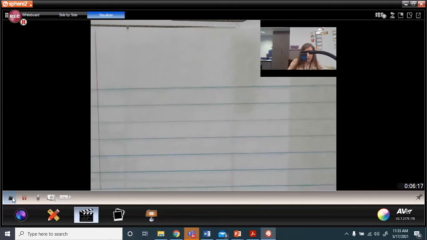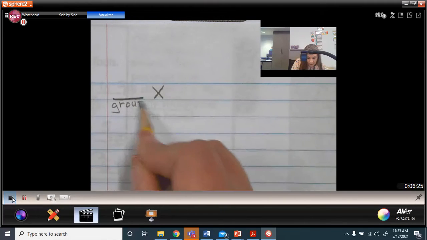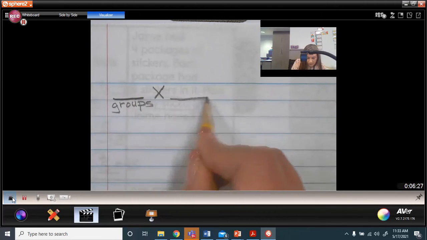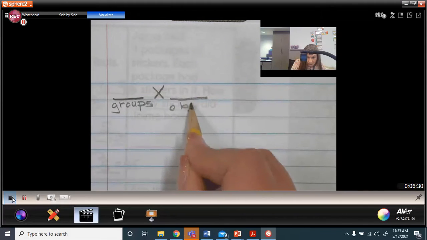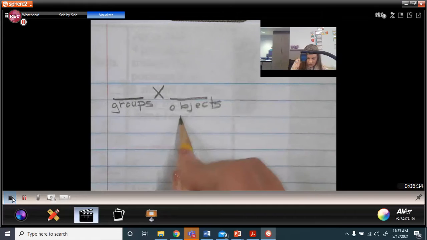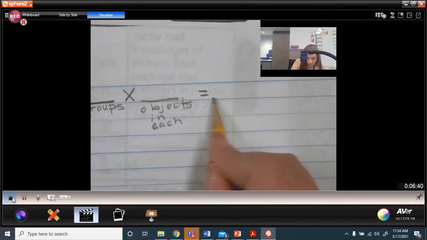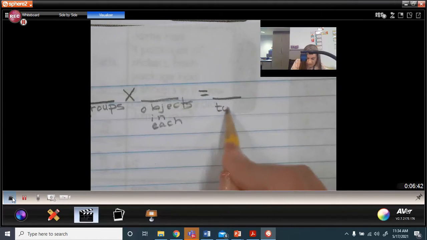Because we know our groups, right? So let's think about what we're doing here. We know our groups. Do we know the number of objects in each group? Yes, we do. We know that there are 4 stickers in each pack, right? And are we looking for our total? Are we looking for all the objects put together?